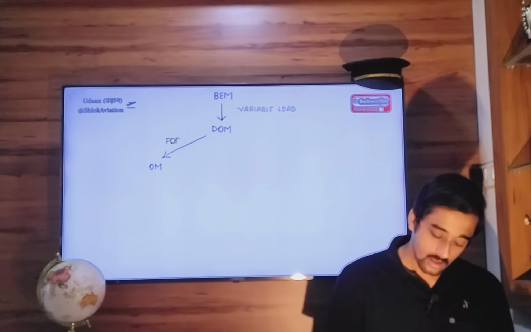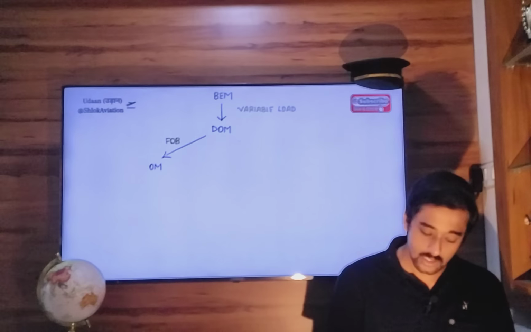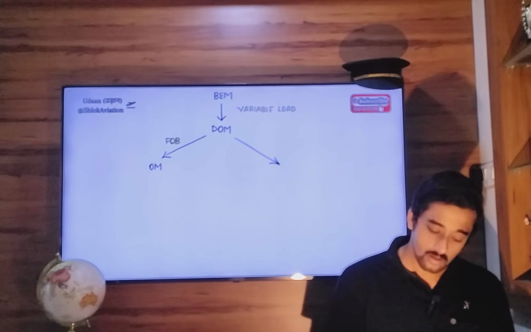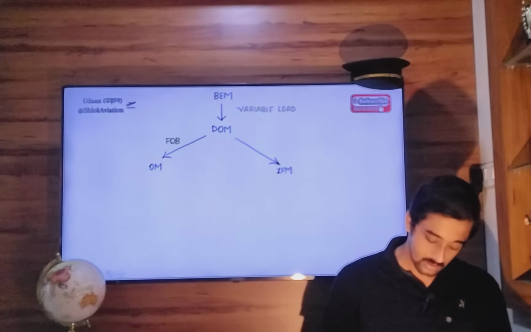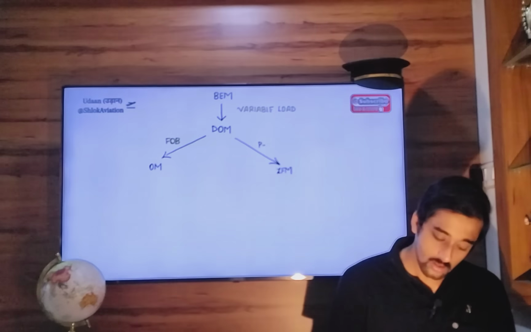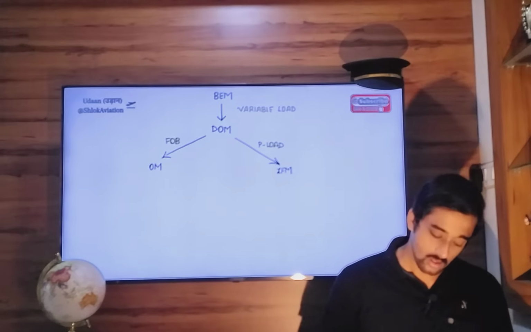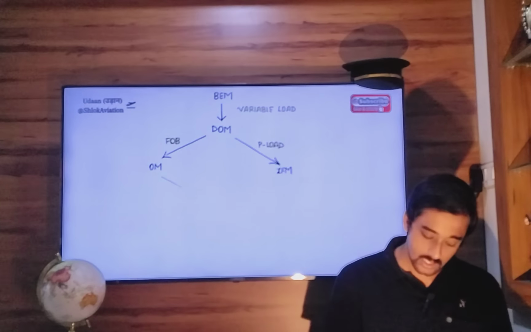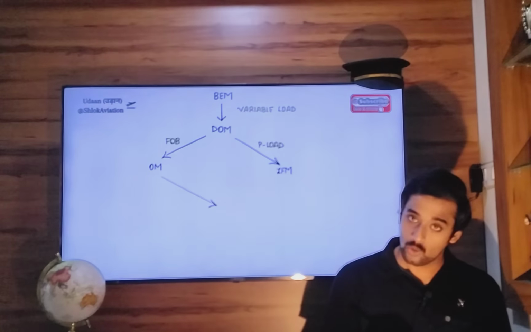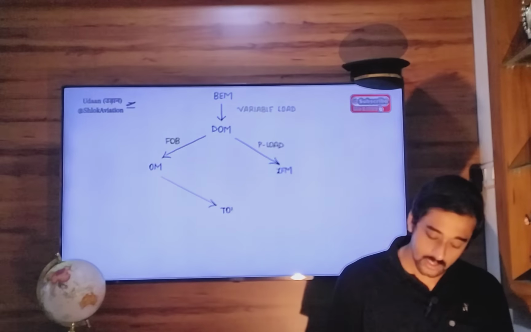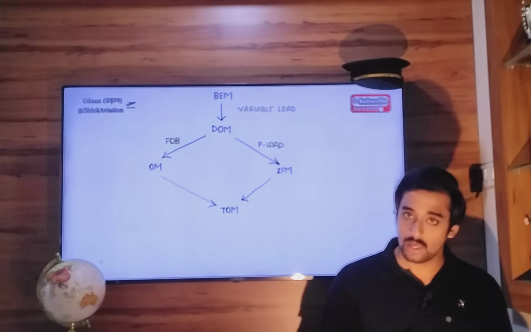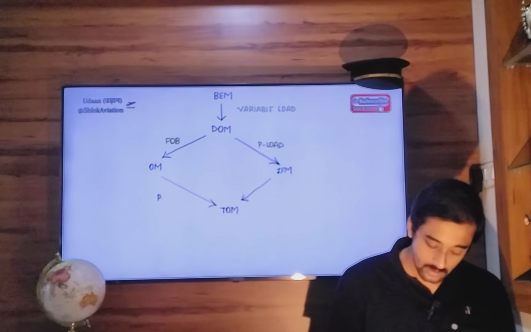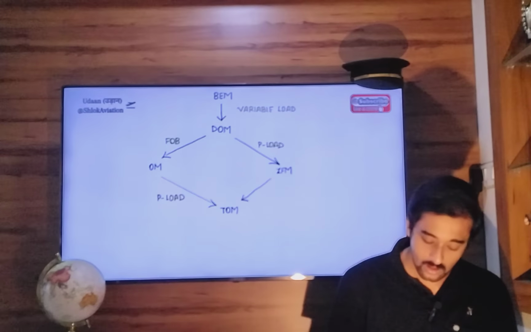Dry operating mass plus payload will be equal to zero fuel mass. Operating mass plus payload will be takeoff mass. Again, zero fuel mass plus fuel on board will also be equal to takeoff mass.